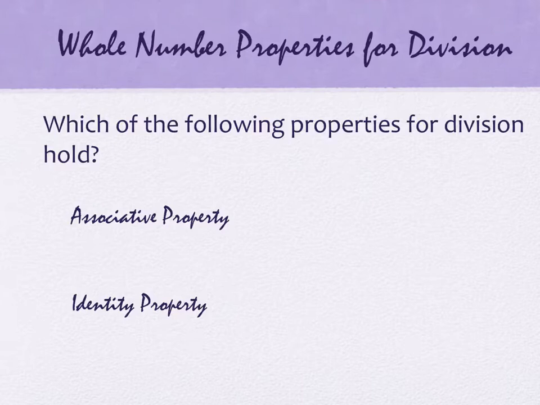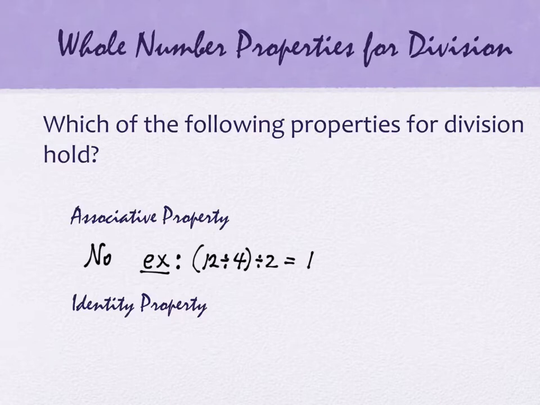Associative property. The associative property also does not hold. I've got an example written down because this one's a little trickier to create, but there's lots of things you could create. So if I did 12, 4, and 2 as my numbers, you see that the attempt is to regroup the parentheses.